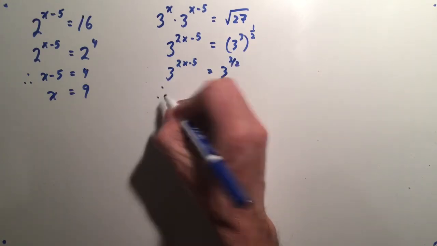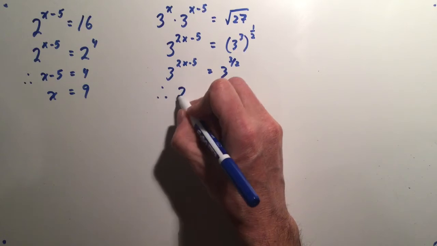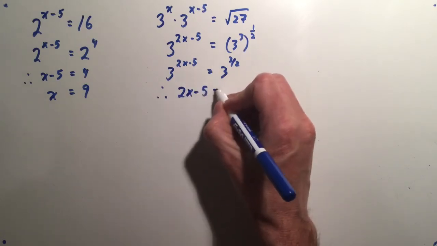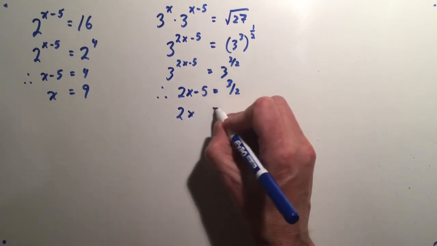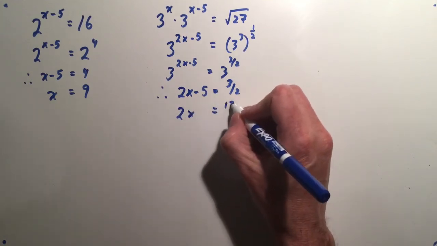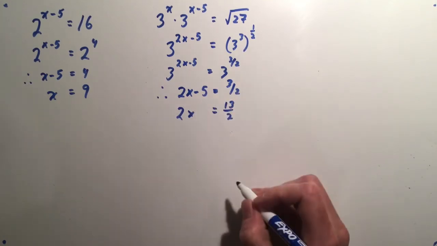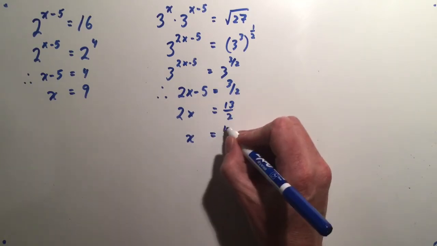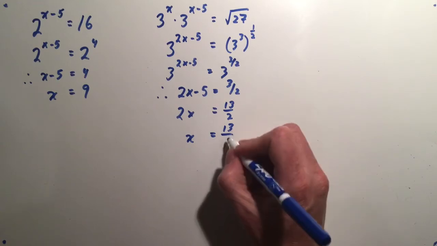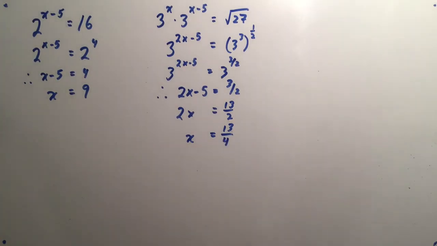And now that our bases are the same, we can equate the exponents. So 2x minus 5 is equal to 3 over 2. 2x is equal to 13 halves, adding 5 to both sides. And finally, dividing both sides by 2, I get half of 13 halves, or x is equal to 13 fourths.